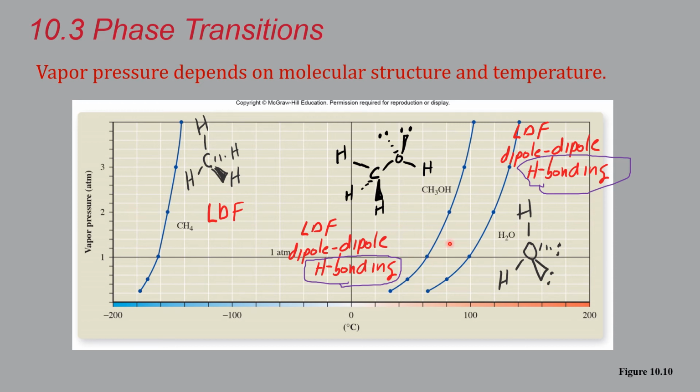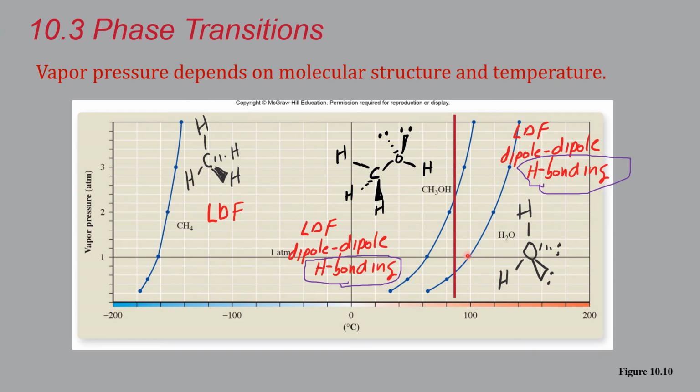Another way you can do this is by seeing what the vapor pressure of these molecules are at one particular temperature. So what you want to do in that case is look at a particular temperature, it doesn't really matter which one, where you've got data for both compounds here.